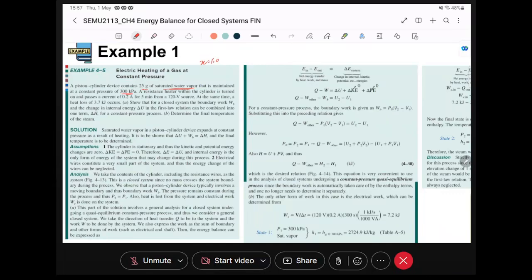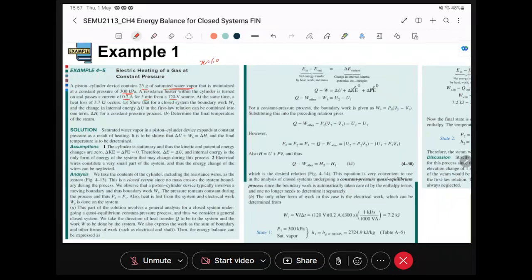So pressure is constant. A resistance heater within the cylinder is turned on and passes a current of 0.2 ampere for 5 minutes from a 120-volt source. The textbook was from the US, so therefore the voltage is 120. If it's in Malaysia here, it should be 240. Which means there's electrical work going into the system.